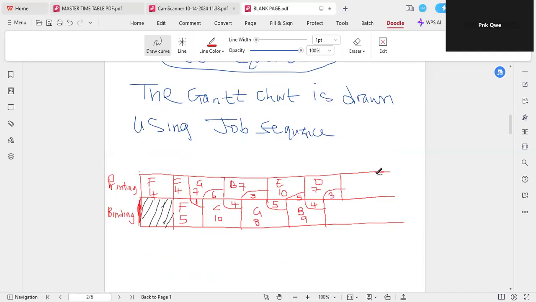Okay, by the time they are printing D, what was going on here is that they would have been binding E because F is fully complete, C is fully complete, G is fully complete, B is fully complete.